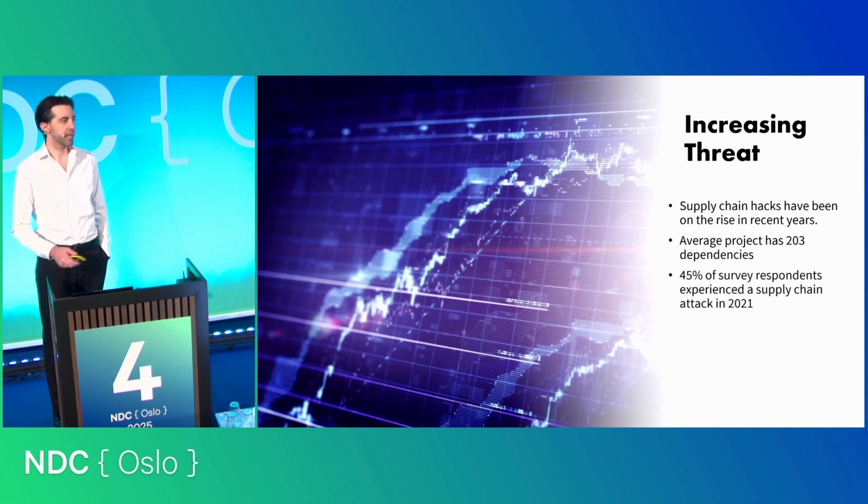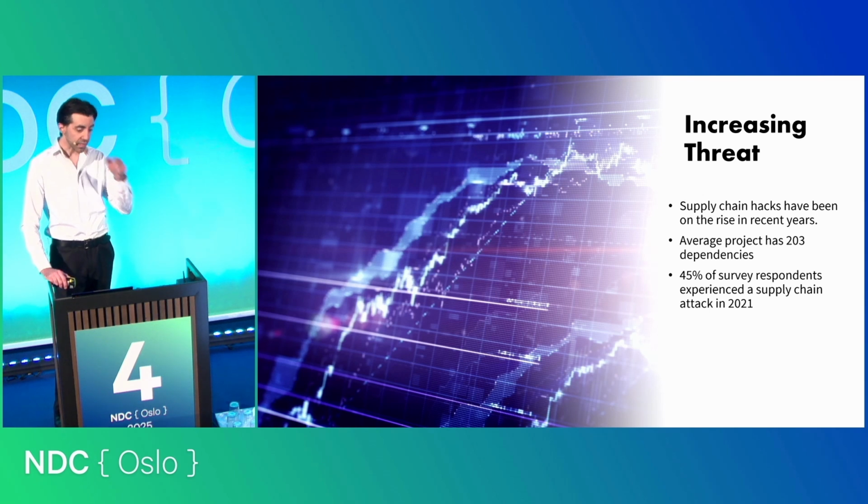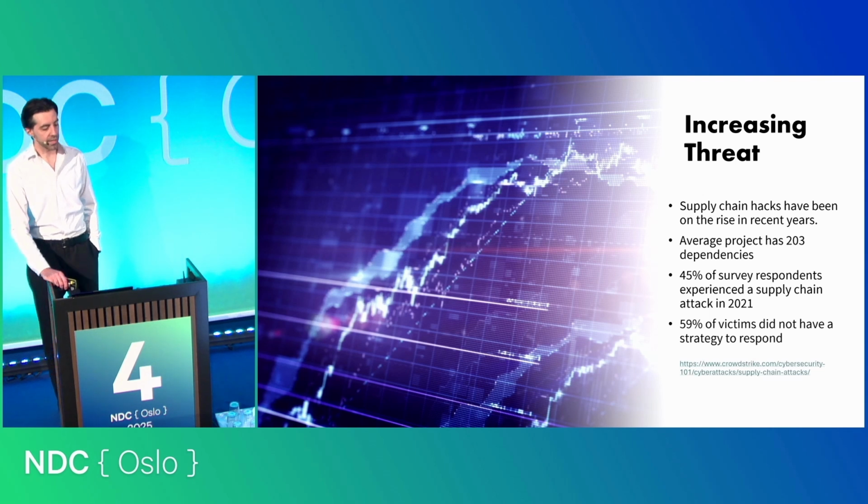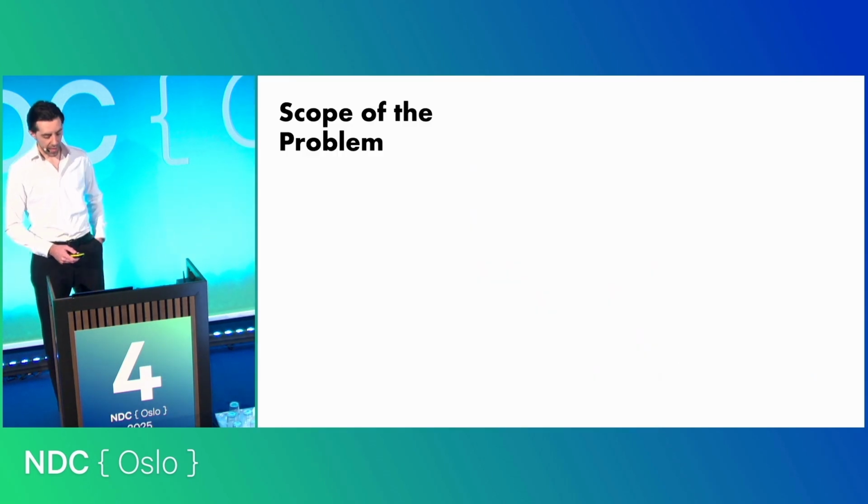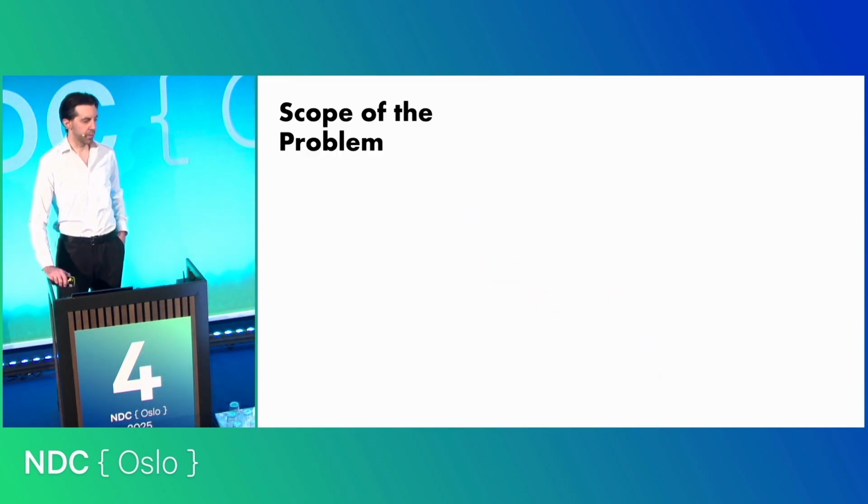And 45% of those same survey respondents did experience a supply chain attack of some sort back in 2021. Again, that's almost certainly higher now. And of those victims, more than half of them did not have any strategy ready to respond to that or way to deal with that. They had no way to detect it, no way to recover from it, or no backups to deal with ransomware or other issues. So let's look at how this actually plays out and why it's such a big problem.